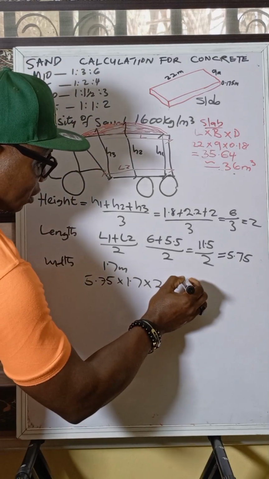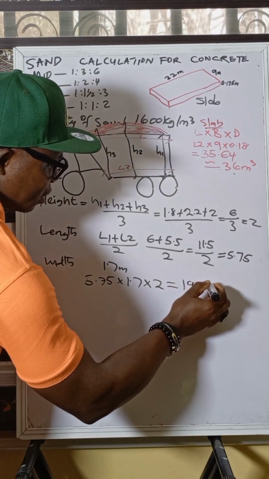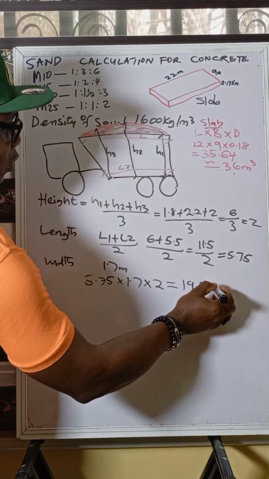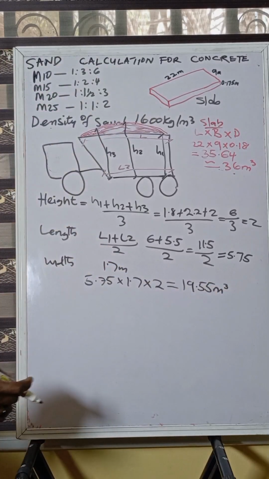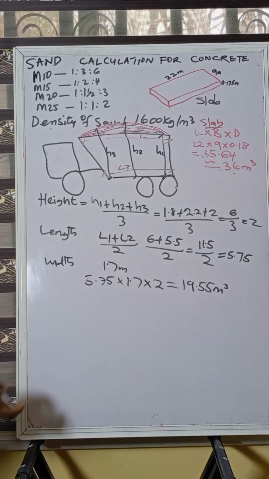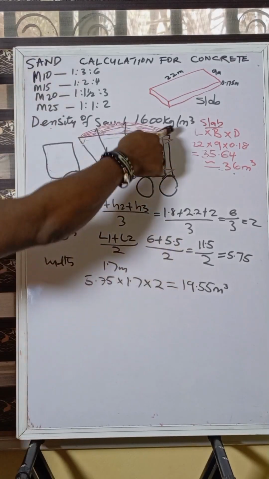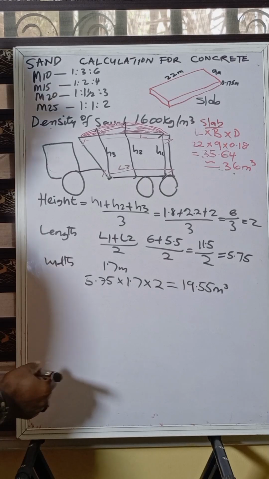This will give us 19.55 cubic meters. For us to convert this to kg, remember our density for sand.